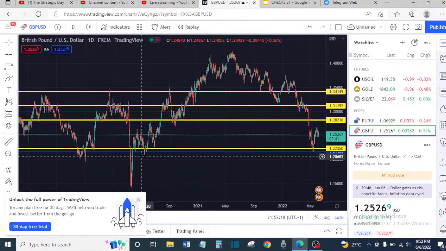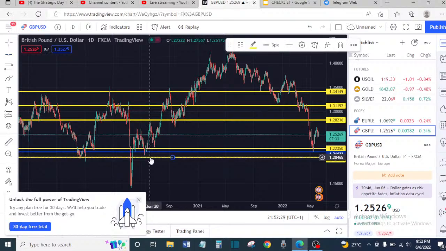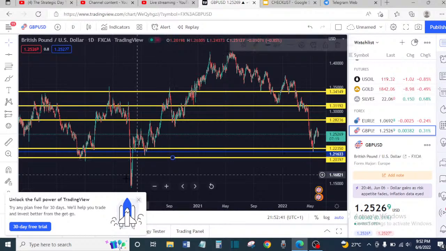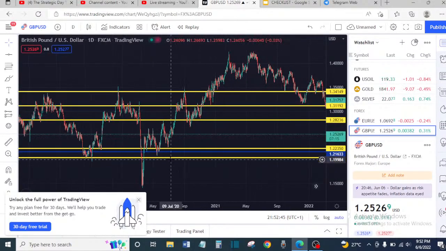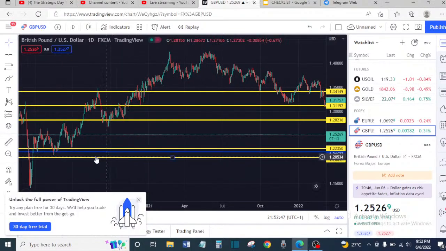I would like to put my stop loss below this particular low, just some distance below this. Because we are using daily charts right now, I may not want to go too far. So that is how I would like to place my stop loss.